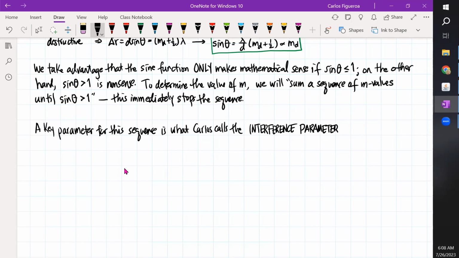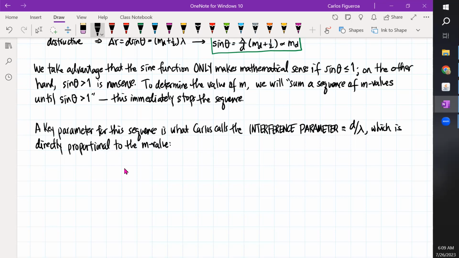The interference parameter is defined as d over lambda. And it turns out that d over lambda is directly proportional to the m value.